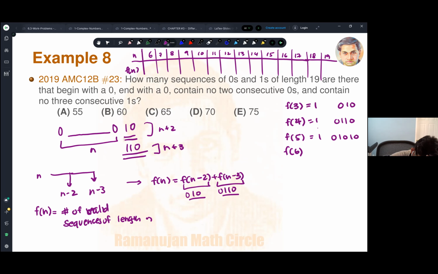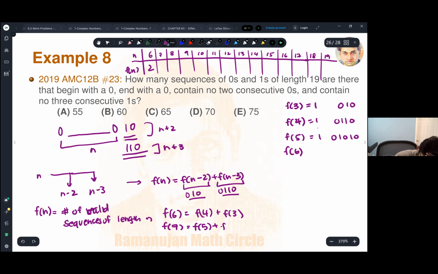So f of 6 is equal to f of 4 plus f of 3, which is 1 plus 1, so 2. And f of 7 is equal to f of 5 plus f of 4, which is 1 plus 1, so 2.